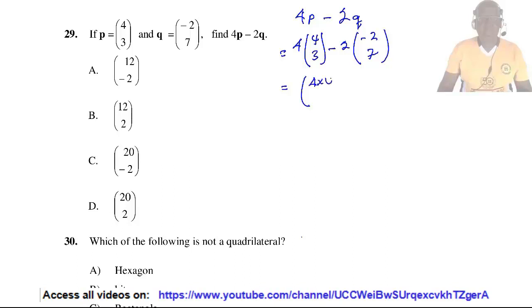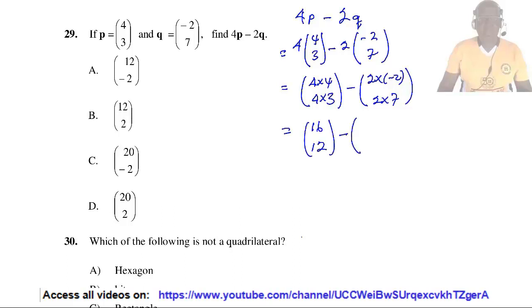4 times 4, 4 times 3, minus 2 times -2, and then 2 times 7, which equals (16, 12) minus (-4, 14), which equals 16 minus -4, and then 12 minus 14.